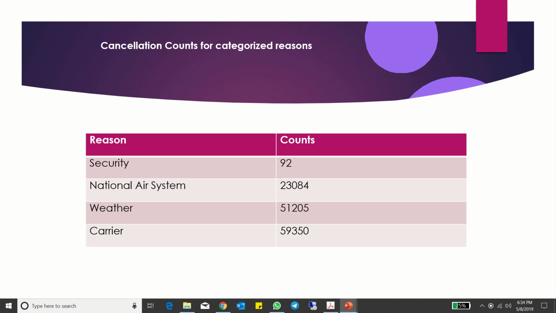So here is some analysis on cancellation counts for categorized reasons. As we saw in the graph, carrier has the most counts, that is 59,350, and security has the lowest count, that is 92.